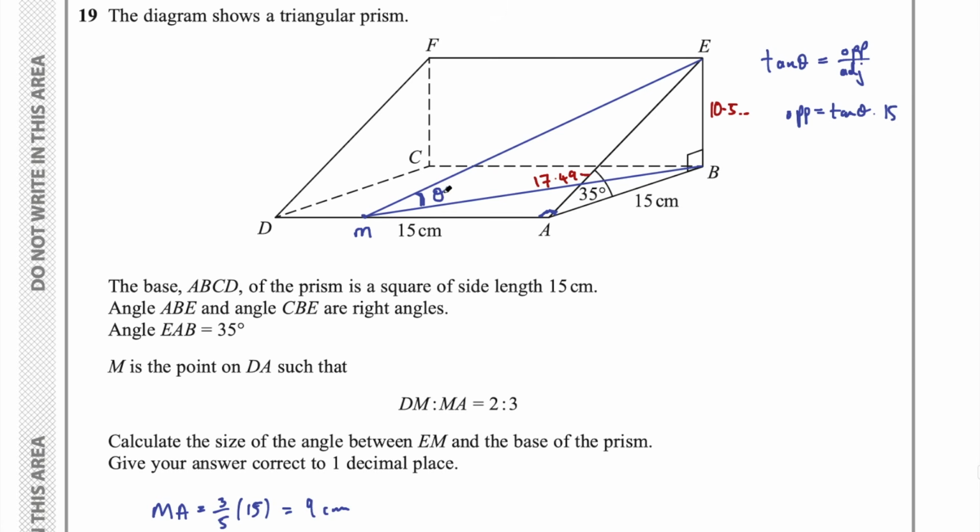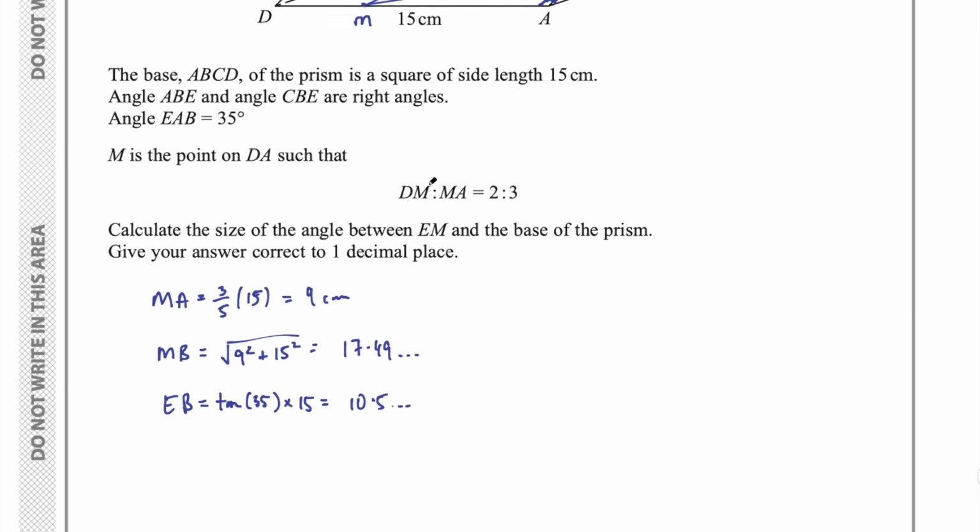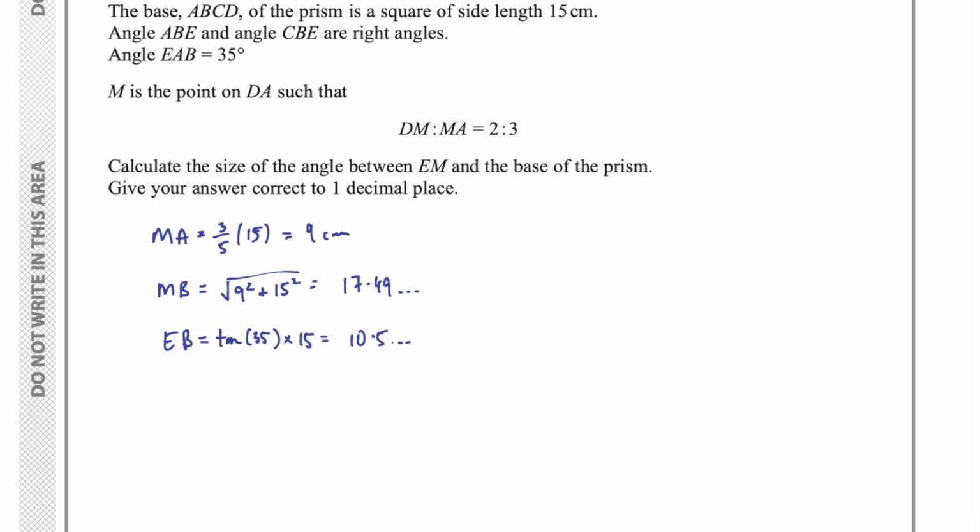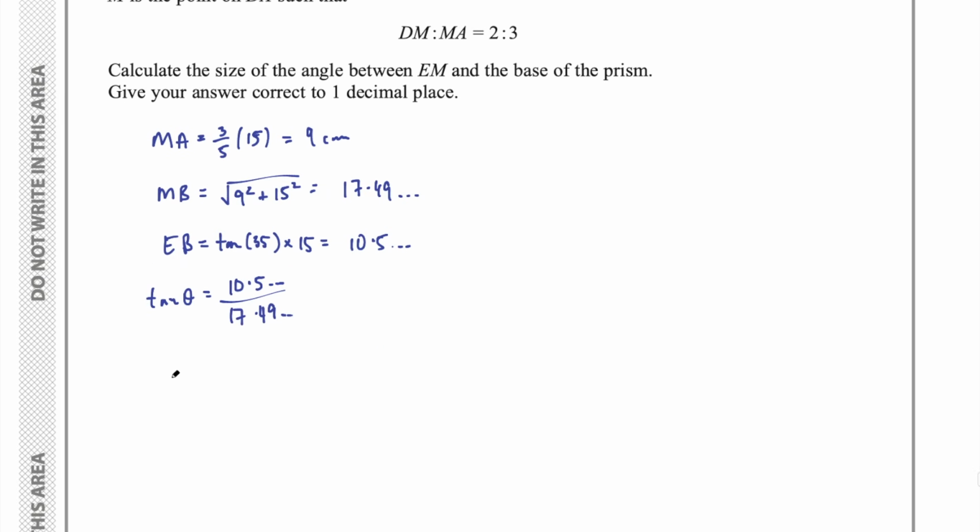And then I can use the tangent ratio again because I have the opposite side and the adjacent side to find that angle. Okay, so the tangent of theta equals EB, which was 10.5, divided by MB, 17.49. And then I want the inverse tangent of that fraction to work out the angle.